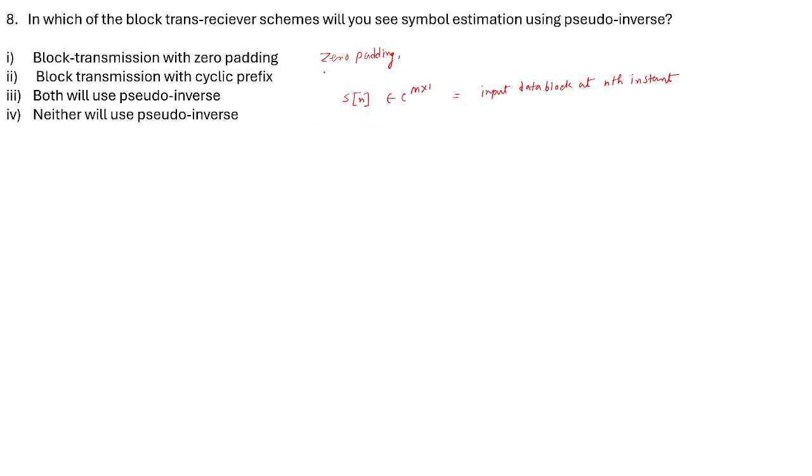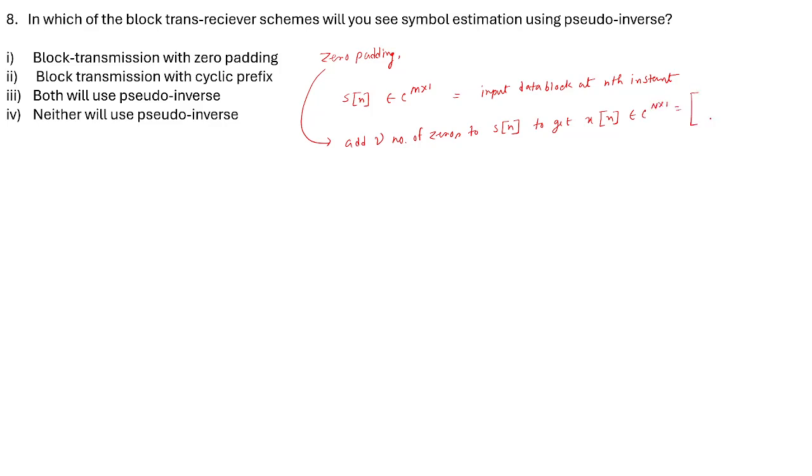You apply zero padding, and I am using the same notation as in the lecture. Add mu number of zeros to Sn to get Xn, which is an n cross 1 vector.